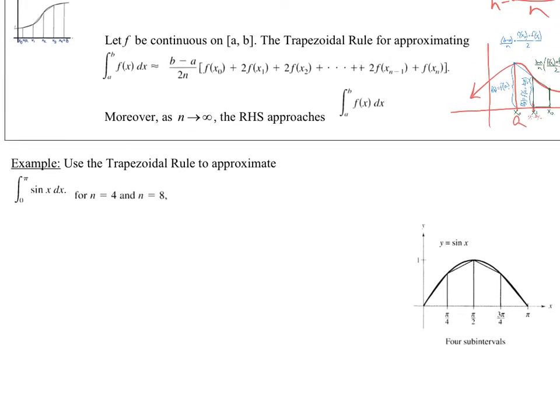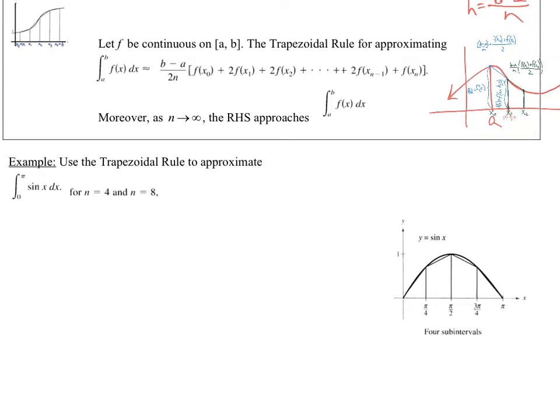Okay? So let's actually use this with 4 trapezoids, and then again with 8 trapezoids, to approximate the integral from 0 to pi of sine of x dx. And before we even do that, since this is one that we can do, let's go ahead and find what the answer should be. All right? So what's the integral of sine?